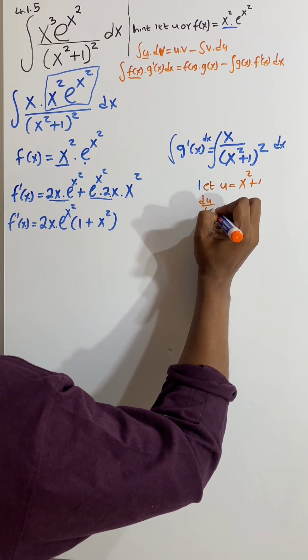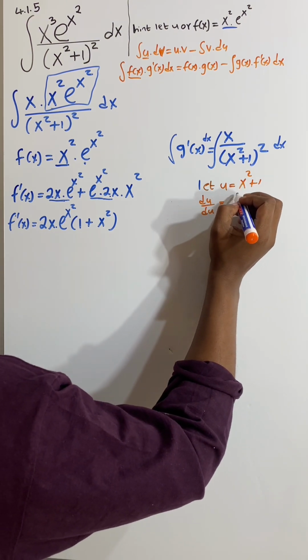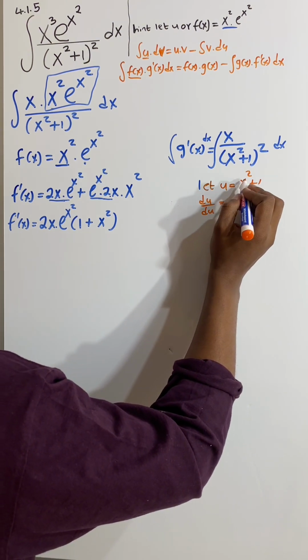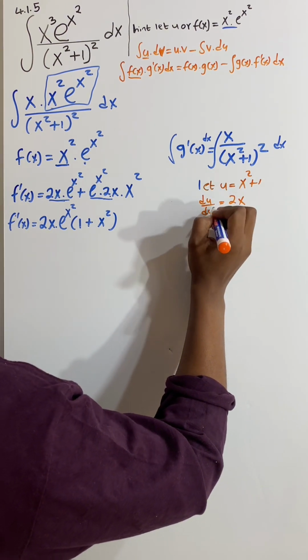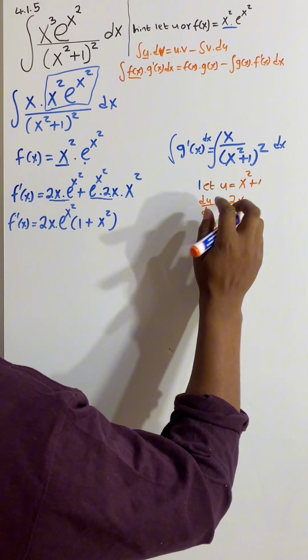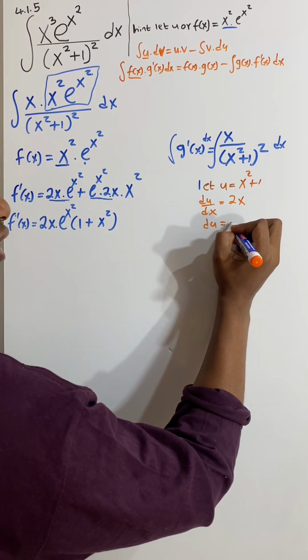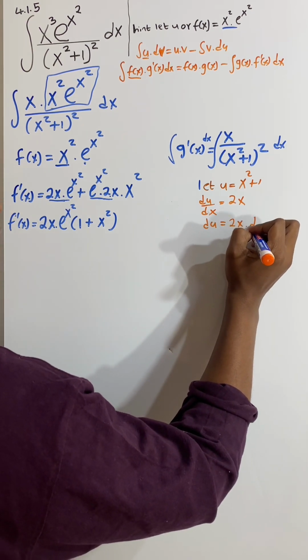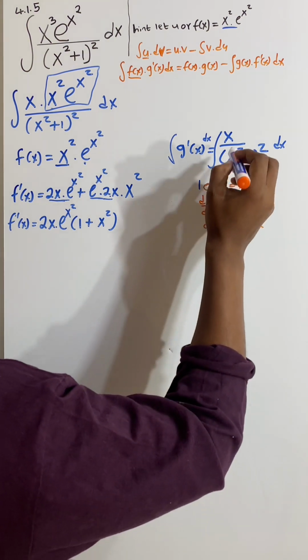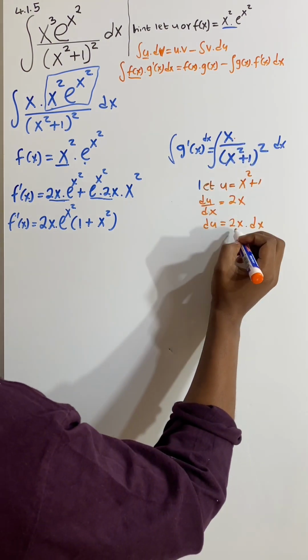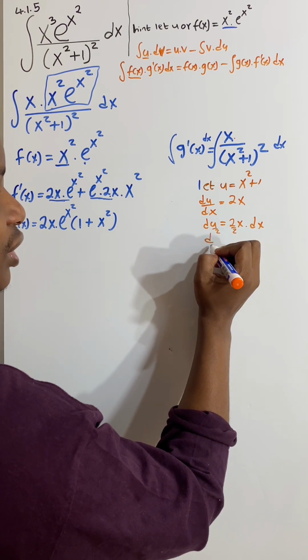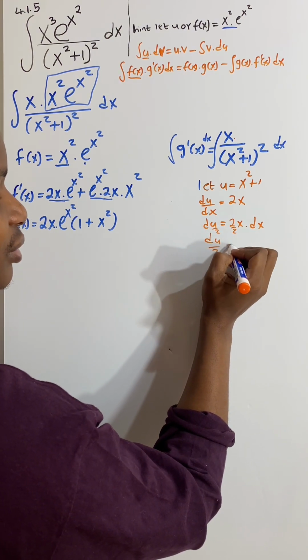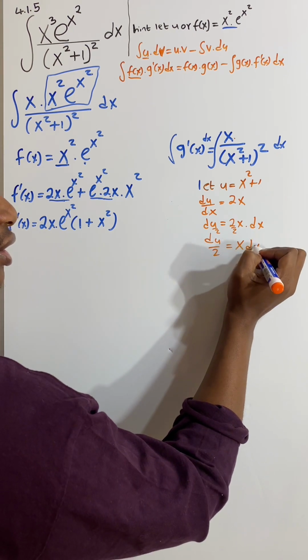When we differentiate u with respect to x, differentiating the x squared, we get 2x. Multiplying both sides by dx, we get du equals 2x dx. We can see that we have x dx without the 2, so let's divide both sides by 2. So our du over 2 will be equal to x dx.